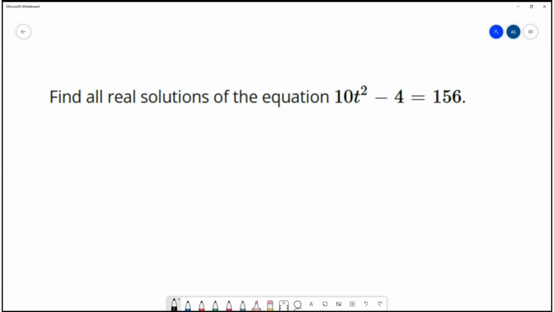So a quadratic is when you have ax squared plus bx plus c equals 0. And in this example, we're missing that middle term there.